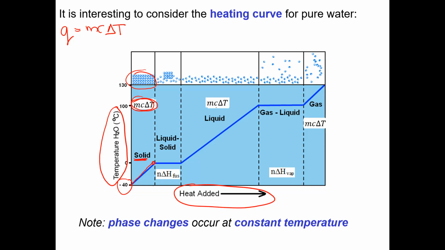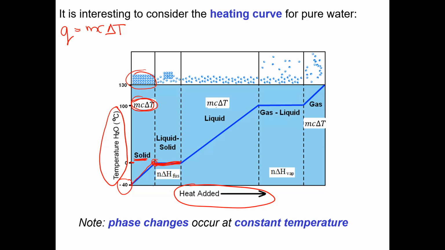So that first step of heating up solid ice continues until we get to the melting point. What happens at the melting point is quite interesting. As we add heat and start to melt our substance, we observe that phase changes occur at constant temperature.